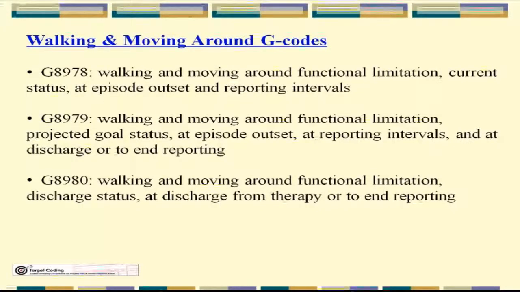So we're talking about walking along a surface on foot, step by step, so that one foot is always on the ground, such as when strolling, walking forwards or backwards or sideways, walking short or long distances, walking on different surfaces. These are the things you have to ascertain from the patient.